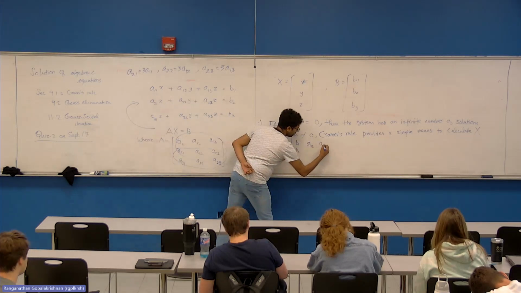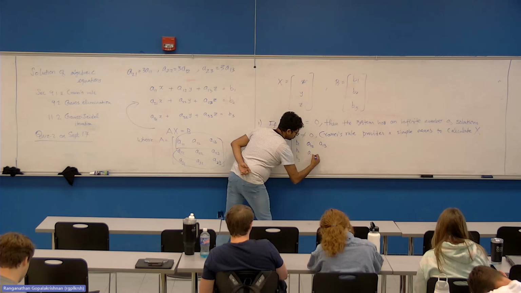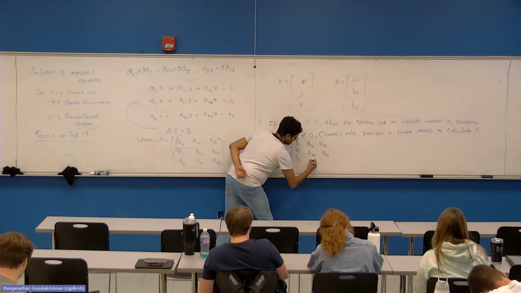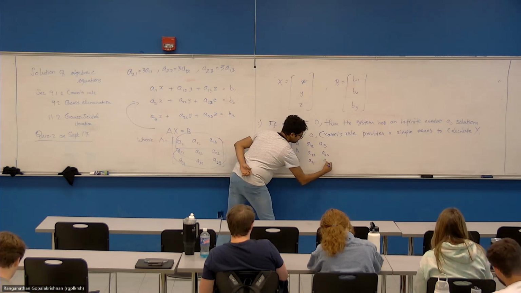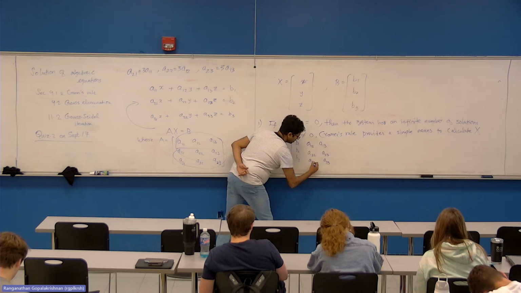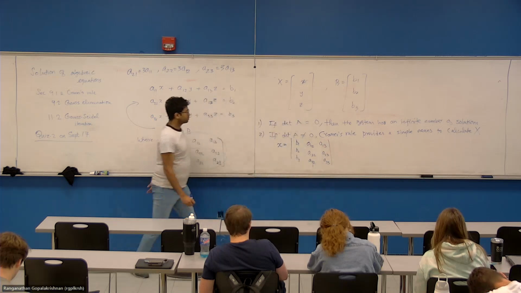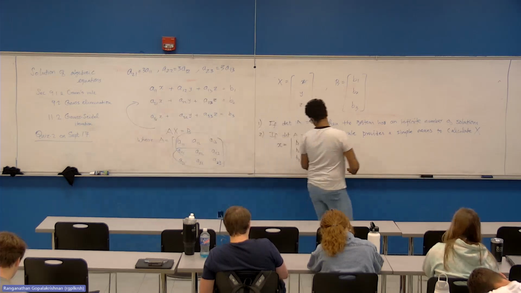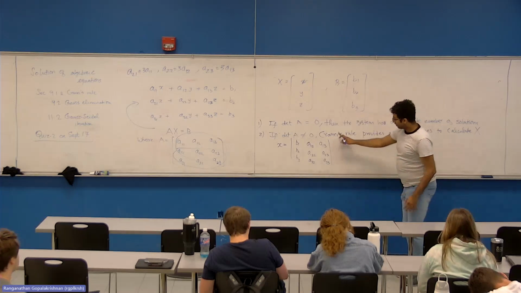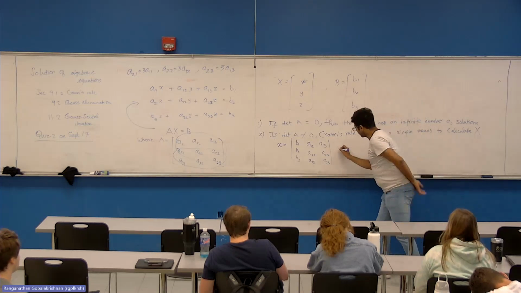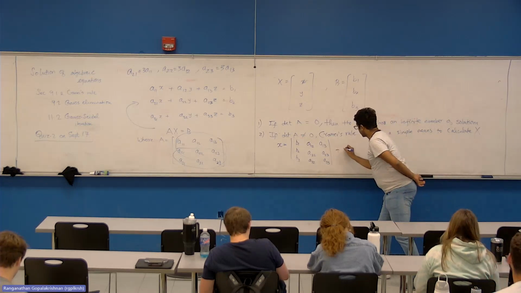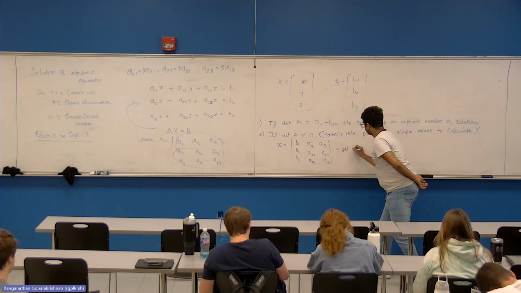A12, A13, A22, A23, A31, sorry, 32, 33. x is this replaced or modified determinant divided by the determinant of A.